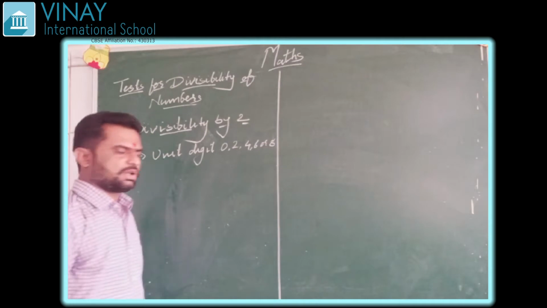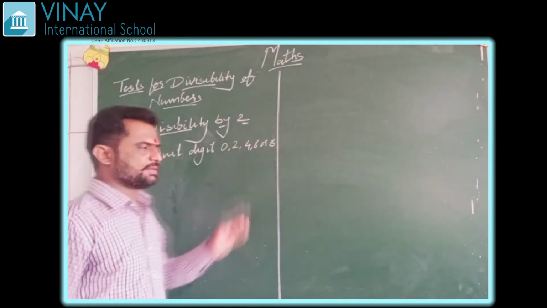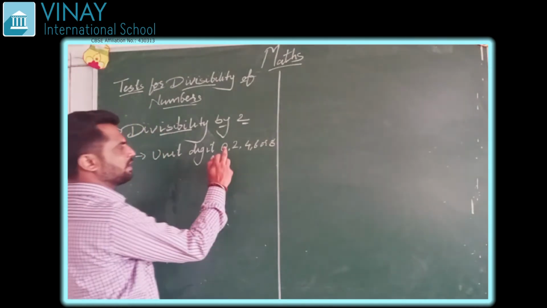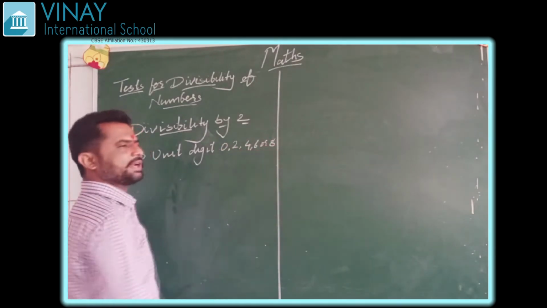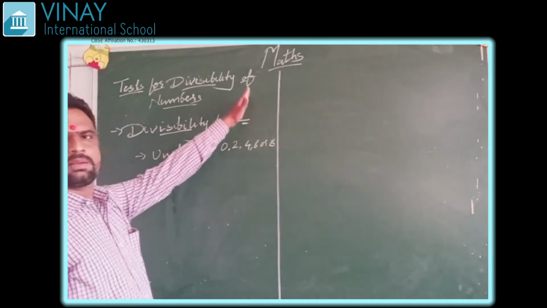It means however big the number is, if its unit digit is either 0, 2, 4, 6 or 8, that number is divisible by 2.